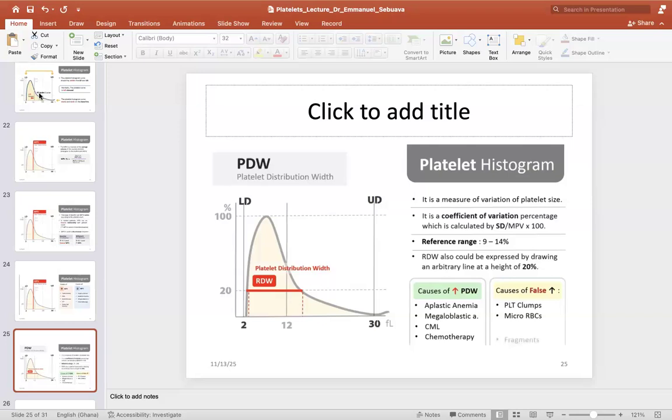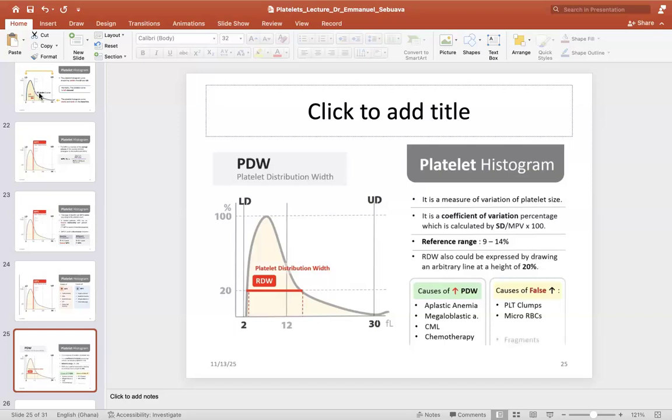Now, if you have platelet clumps and micro RBCs or RBC fragments, how do they impact on the RDW? Because you have RBC fragments, which will be counted among the platelets.